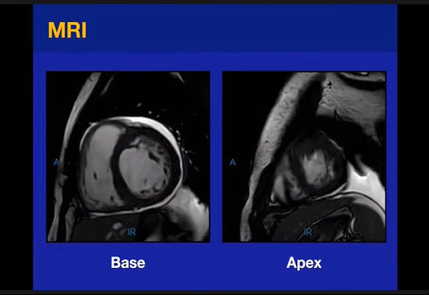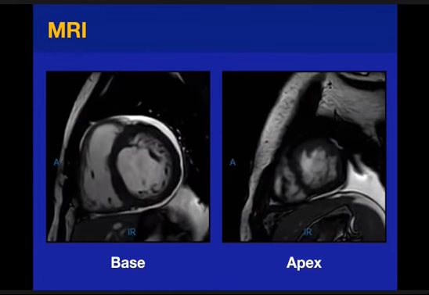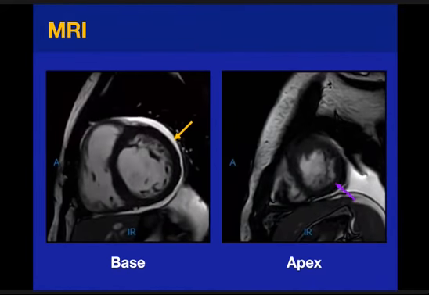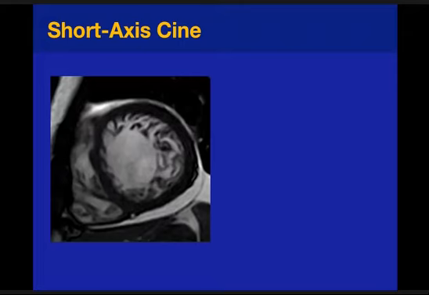So these are short axis views taken at the base and apex of the ventricle. We can also appreciate the prominent trabeculations as pointed by the arrow here and also here. If you take a measurement, the prominent trabeculations appear non-compacted.